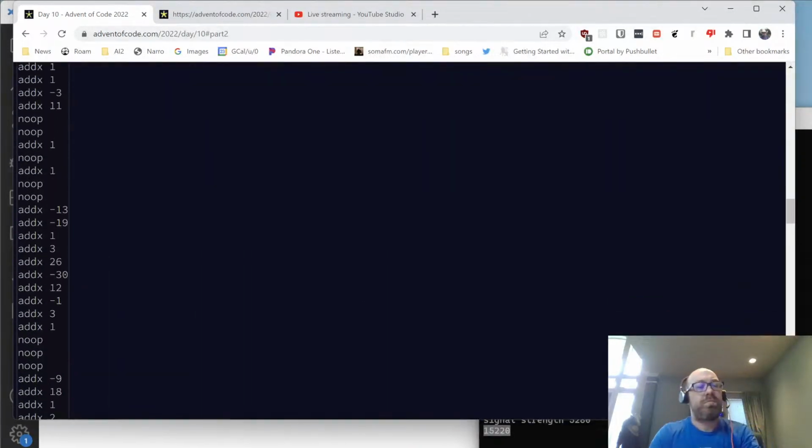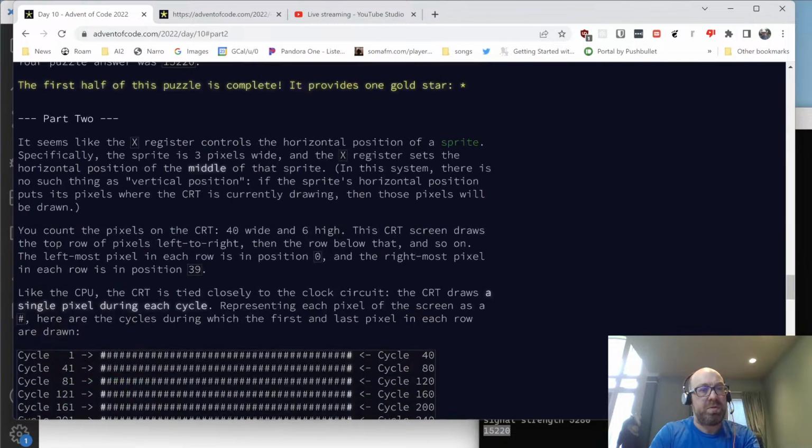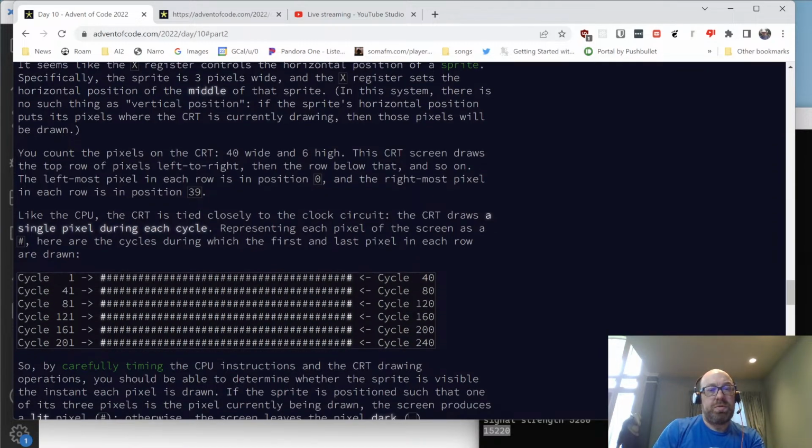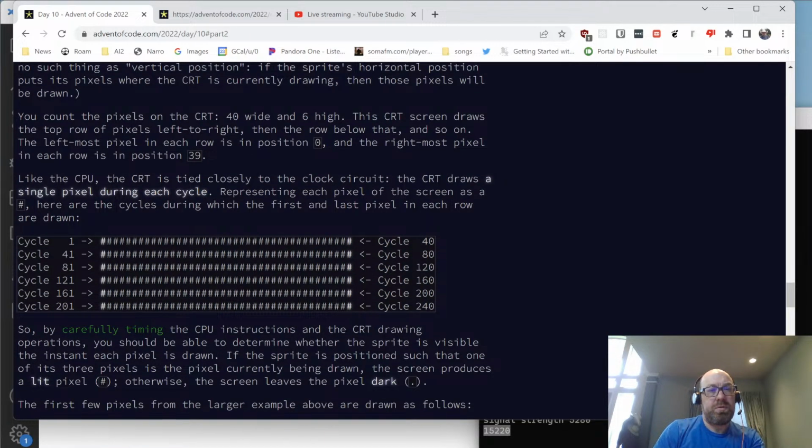Render the image. Okay, so let me see what this is: horizontal position of sprite, 3 pixels, X is the horizontal middle of the sprite. Okay, so cycle up to 240.